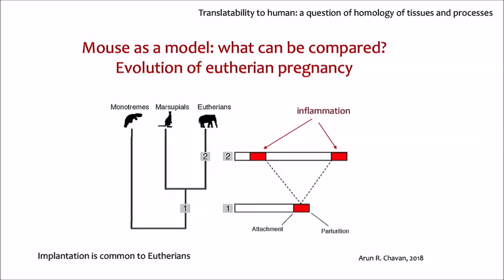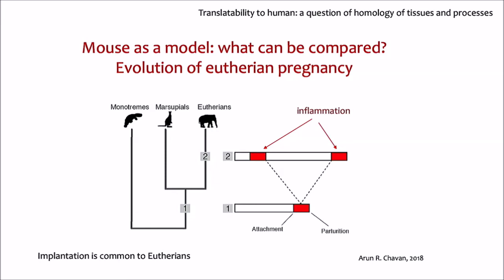And just a very quick run through the evolution of pregnancy here. We know that pregnancy with implantation has evolved, so without implantation first in the stem lineage leading to marsupials and eutherians, and in that case we have a very short pregnancy.